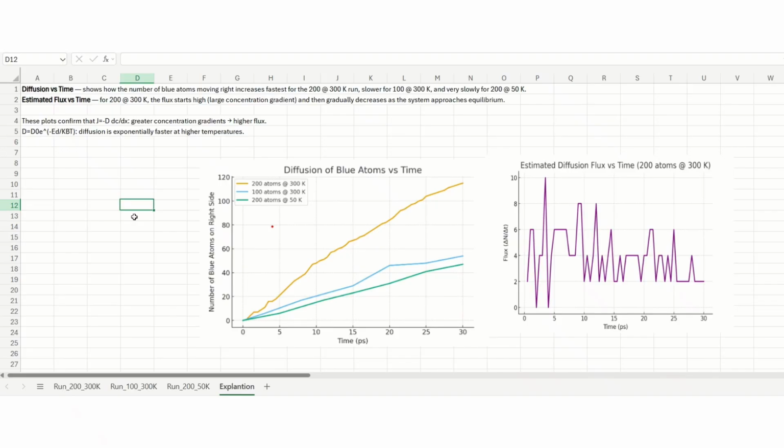This makes sense. And the negative sign in front of D just means the diffusion goes from high concentration to low, which matches what we observed.